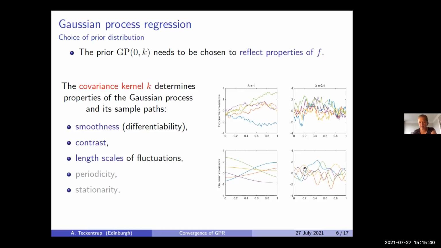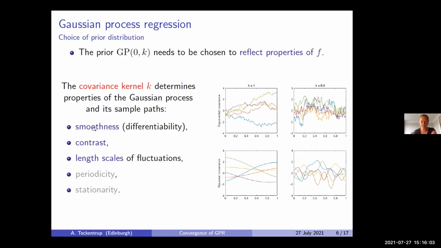In the bottom row, I've chosen a covariance function that gives you C infinity sample paths, so sample paths that are infinitely many times differentiable. You can see that they look a lot smoother. Again, for those who are familiar with the area, I've chosen the Gaussian covariance function, or the squared exponential. That is a very smooth covariance function.